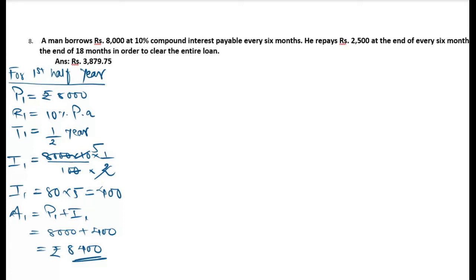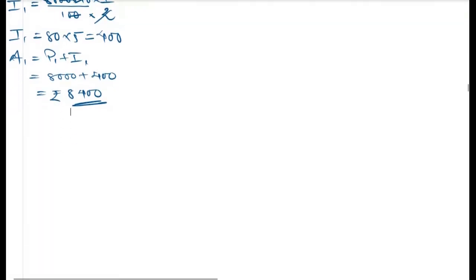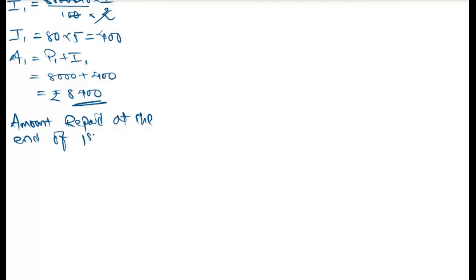Let's go. Before going, we have to take care of the repayment, right? So how much is repaid at the end of every 6 months? 2,500. Let me just elaborate over here. Amount repaid at the end of first half year is equal to rupees 2,500.